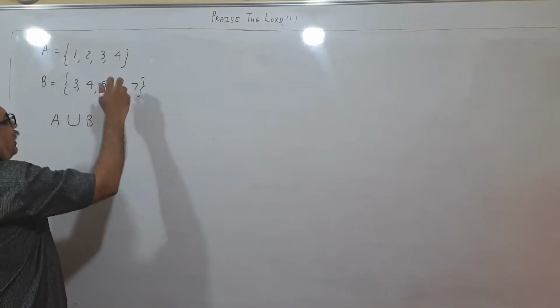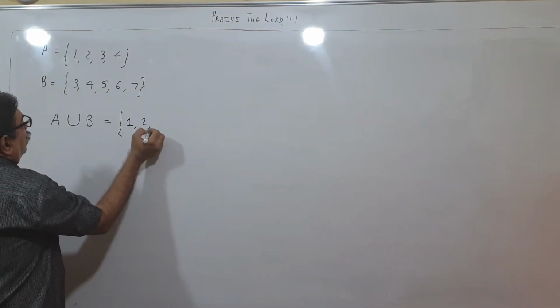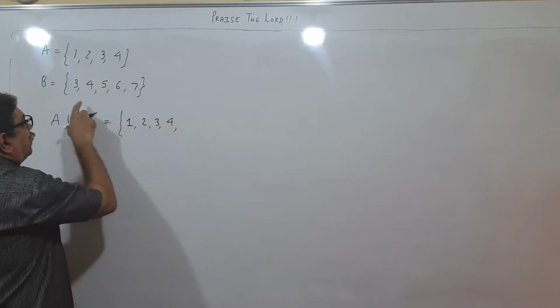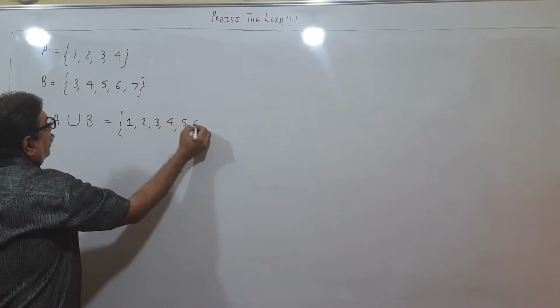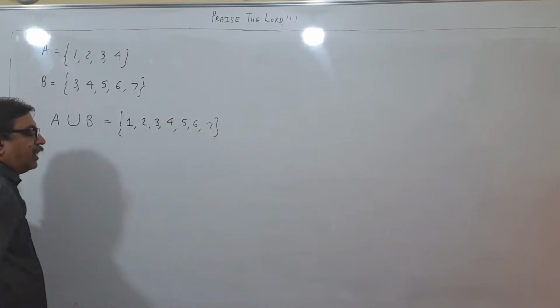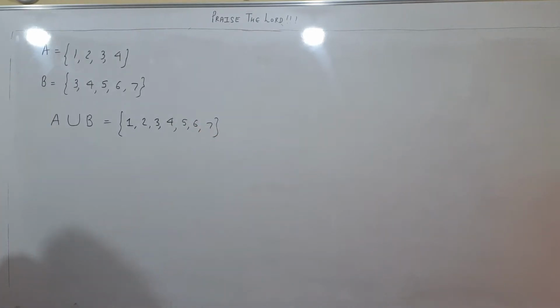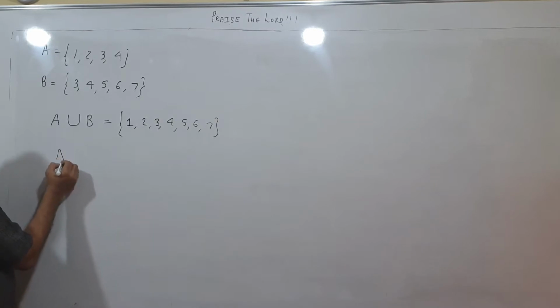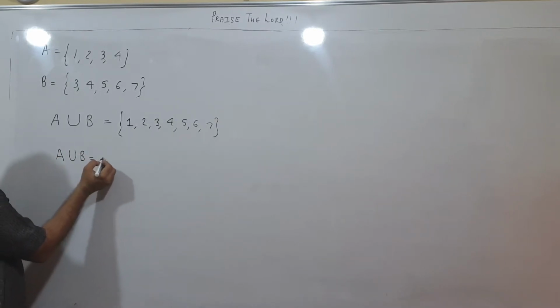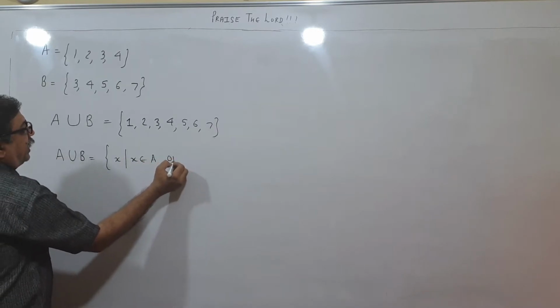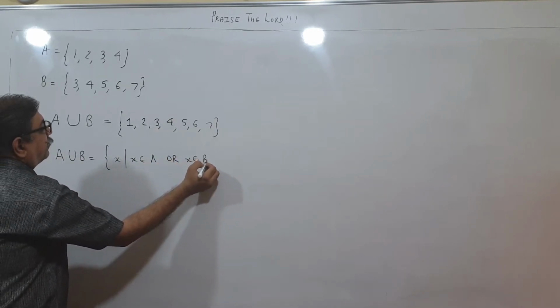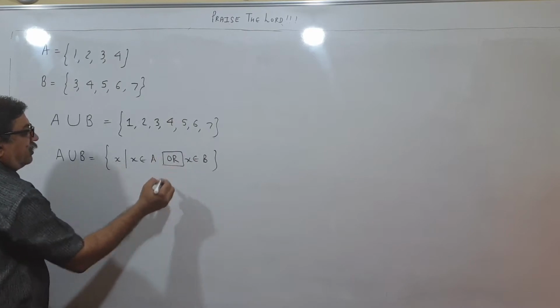So first I will write all the elements of A. 1, 2, 3, 4. 3 already there, 4 already there, 5 not included. So 5, 6, 7. Like this I get A union B. So actually the definition goes like this. A union B will contain those elements which are either in A or in B. This or word is very important.